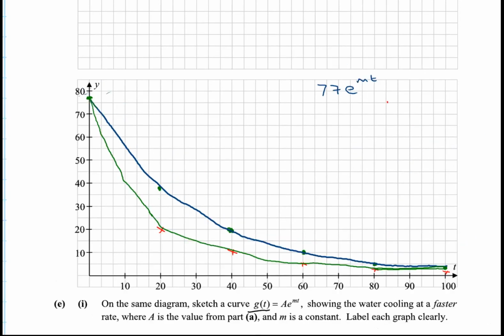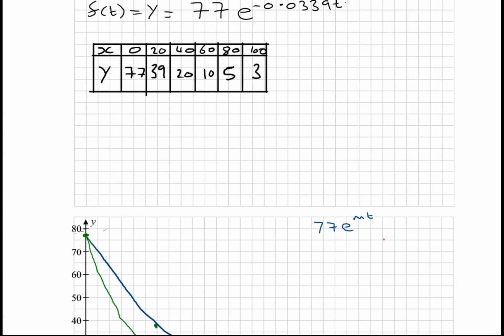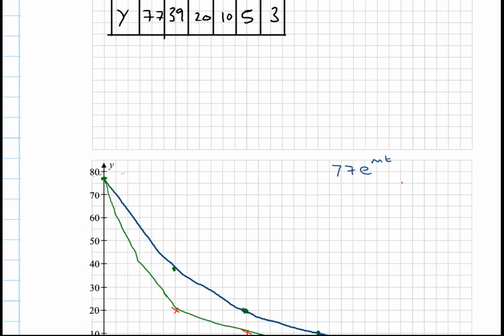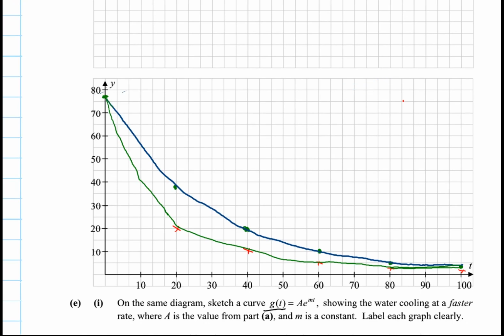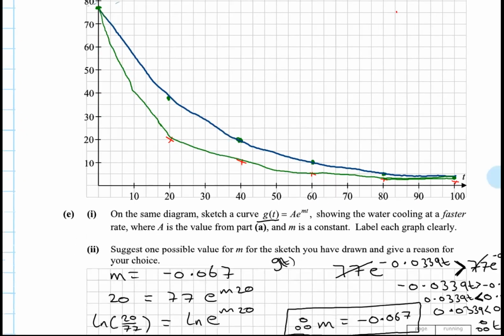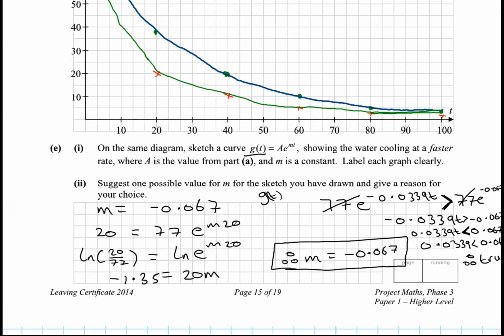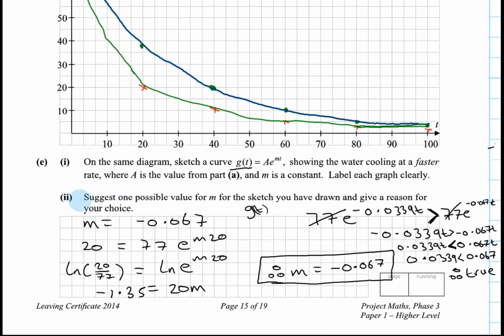All it was is putting in values into a table, and then basically just copying that into the graph. Then this bit is slightly tricky because it's like, okay, how do I actually show that my sketch does actually show water cooling at a faster rate? And then we did it this way. So we said, because this number is a greater number than that, then the water will cool quicker.